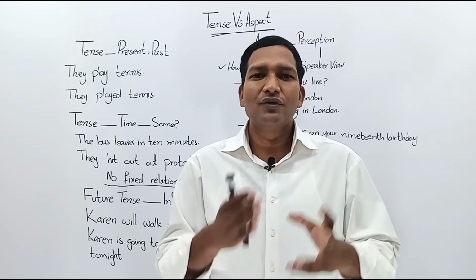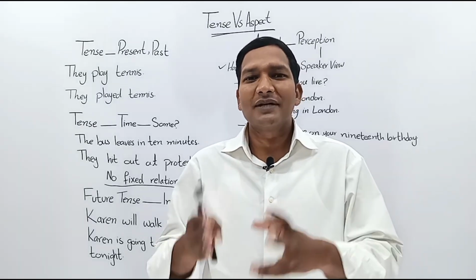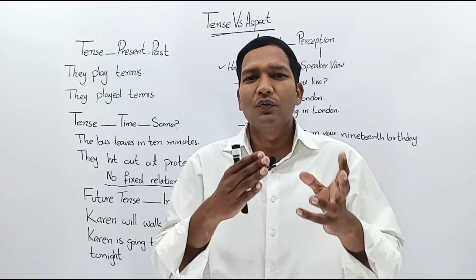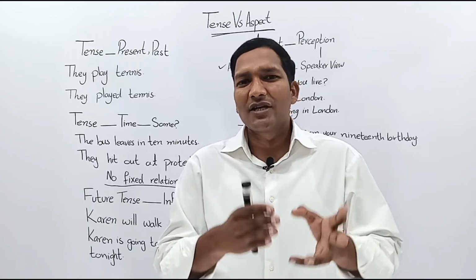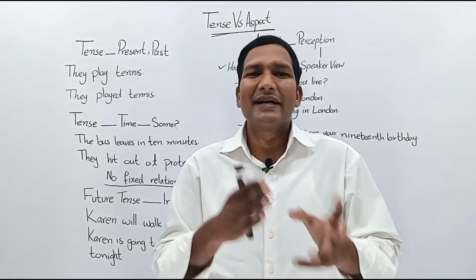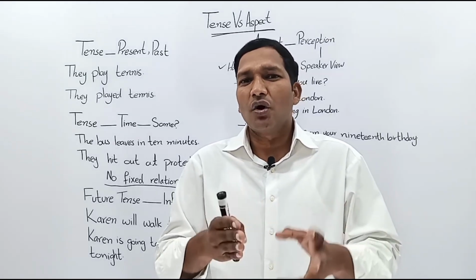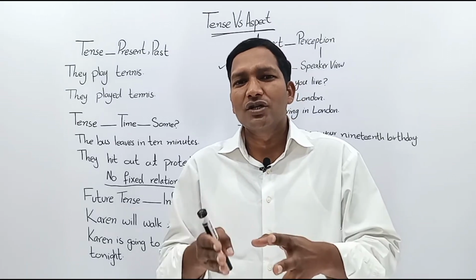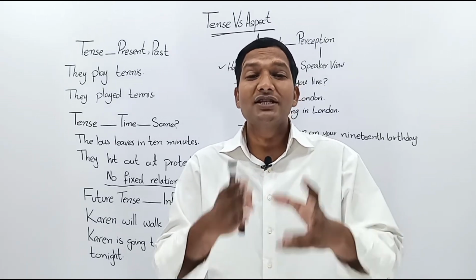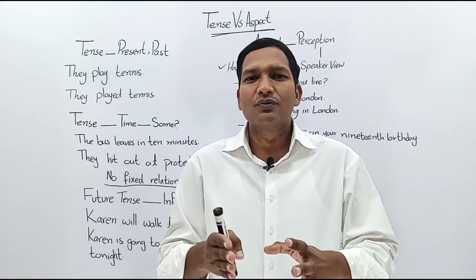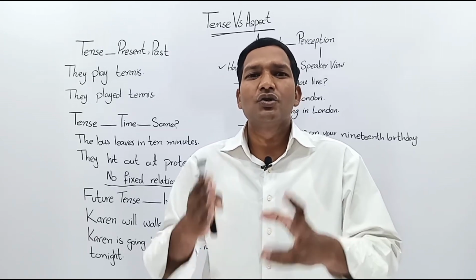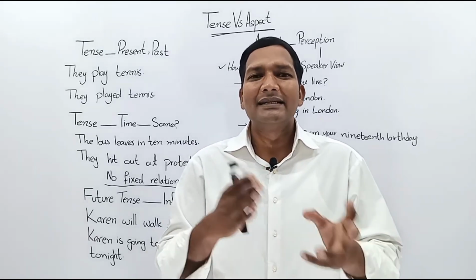But to express future in English language, we use will, shall plus first form of verb or present continuous tense. So, because we don't have any kind of inflection or conjugation or change in the form of verb, that's why we do not refer to future tense in English language.